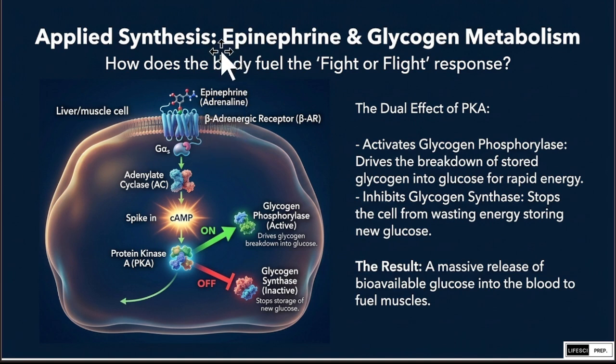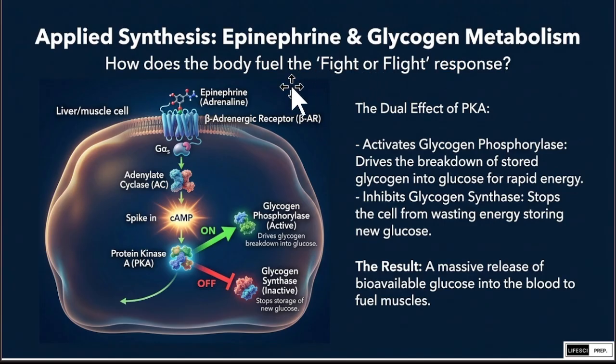Then at last, the most important signal, we can say, epinephrine and glycogen metabolism. We can say how the fight or flight response occurs when a situation comes or is shown to you.